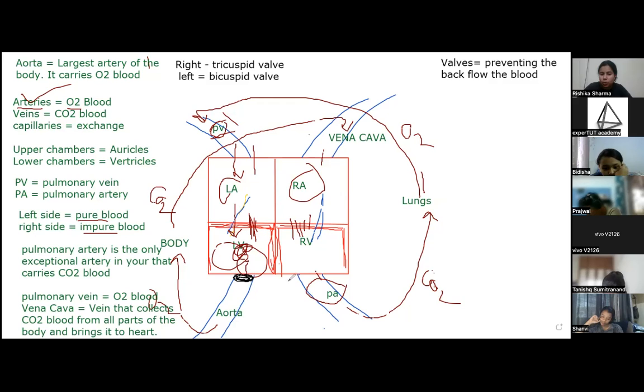Over here, one valve, and the other valve is over here between the right ventricle and the pulmonary artery. Okay, so this valve between the aorta and the left ventricle is known as the aortic valve. Aortic valve.